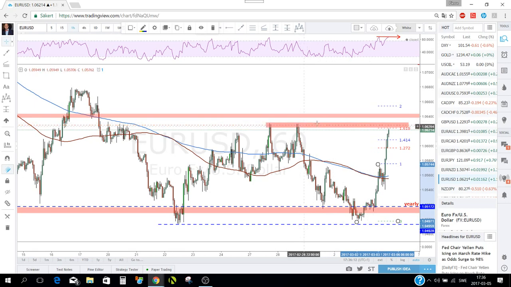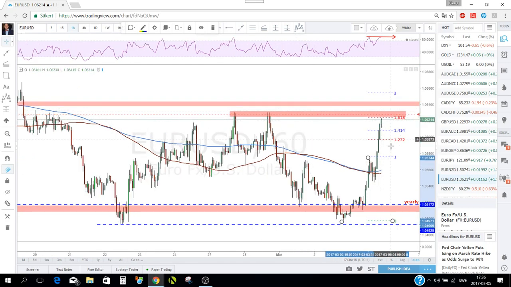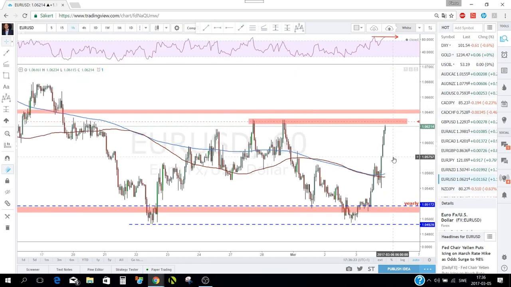So look at this level and see how price will react. You may get a bounce to the downside before this pair, if it's going to keep going up, it may bounce back down first.